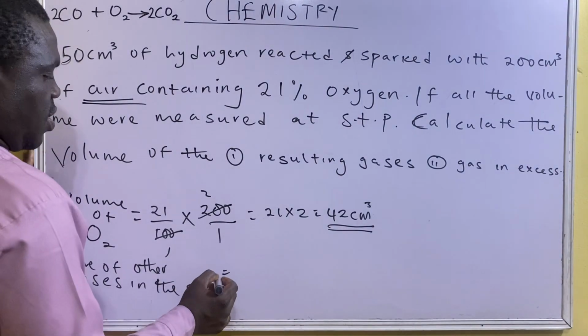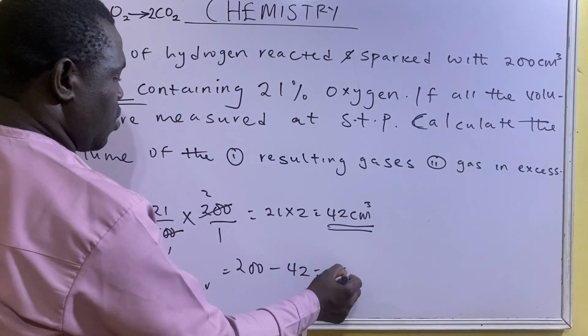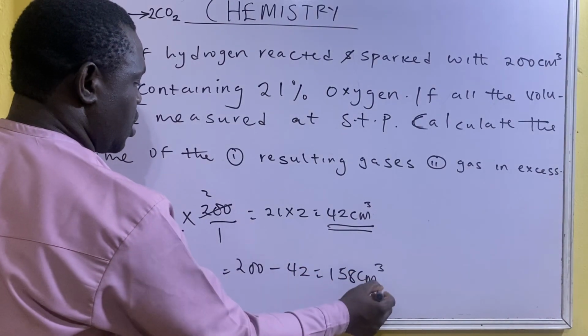The volume of other gases in the air is 200 minus 42, which gives you 158 cm cube.